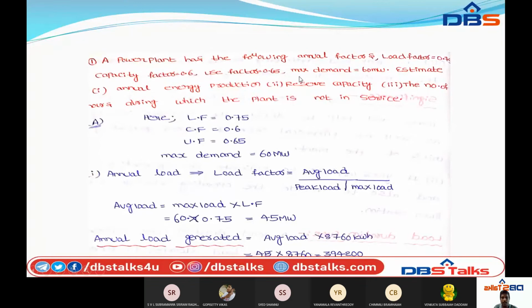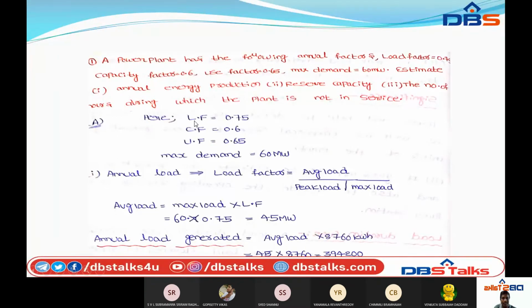Then estimate the annual energy production rate and reserve capacity, and finally the number of hours during which the plant is not in service. The third one is related to the number of hours during which the plant is not in service. That means it is not operating.